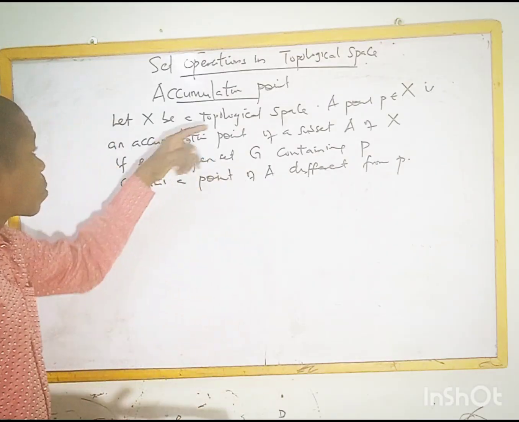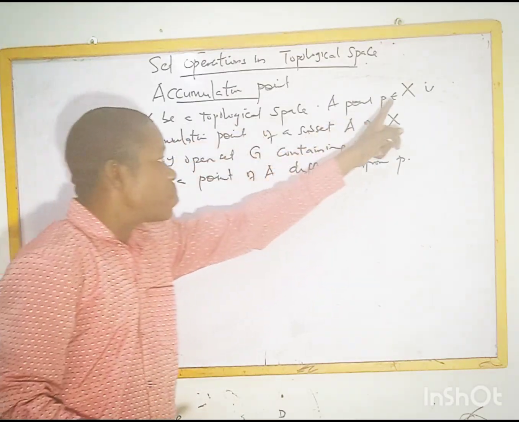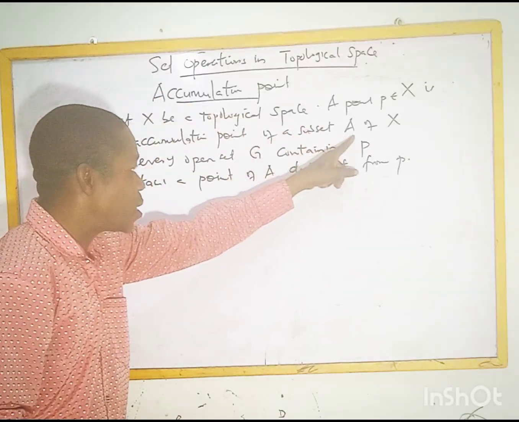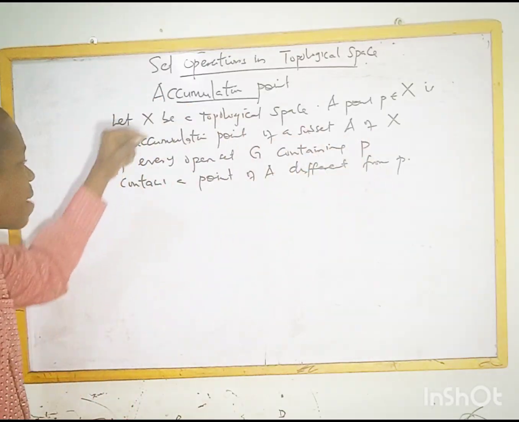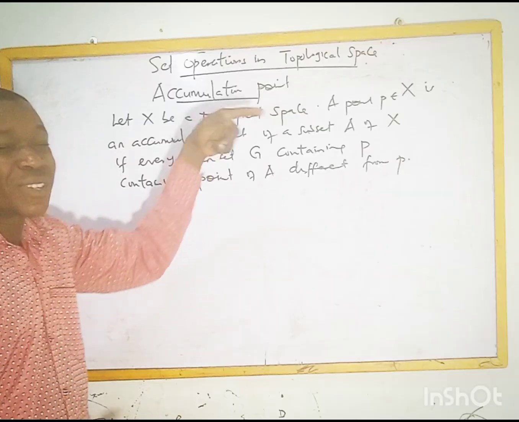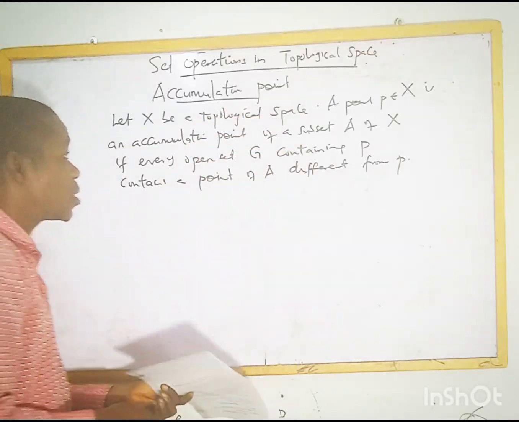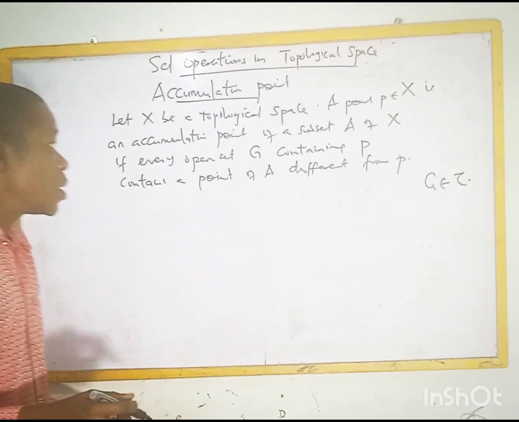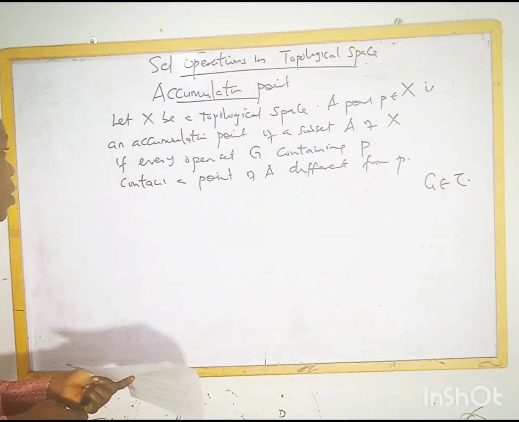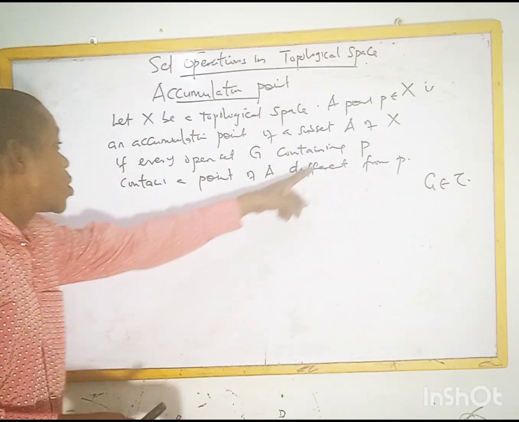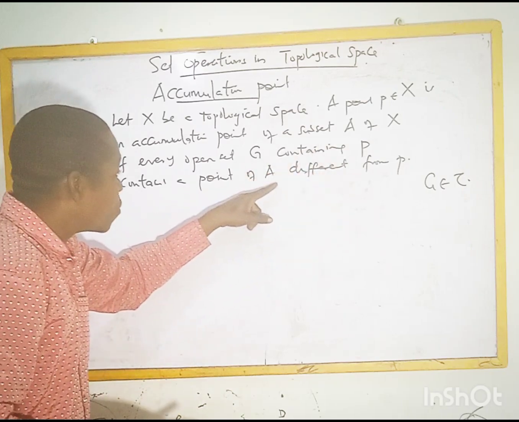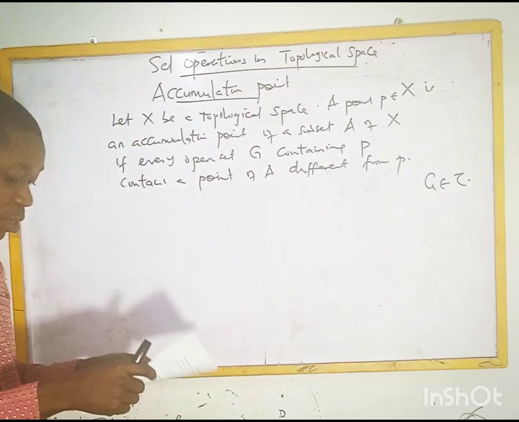If you have a topological space, a point P in X is an accumulation point of a set A of X if for every open set G in that topology, the open set contains P and also a point of A different from P.